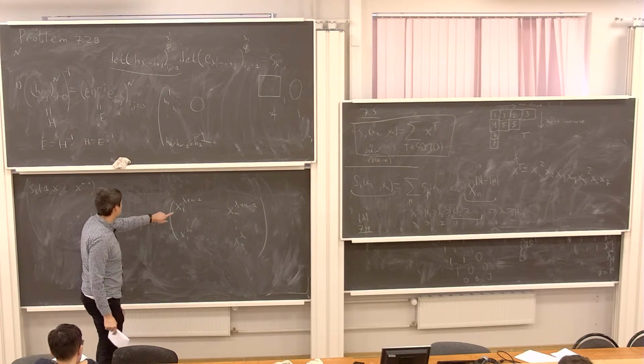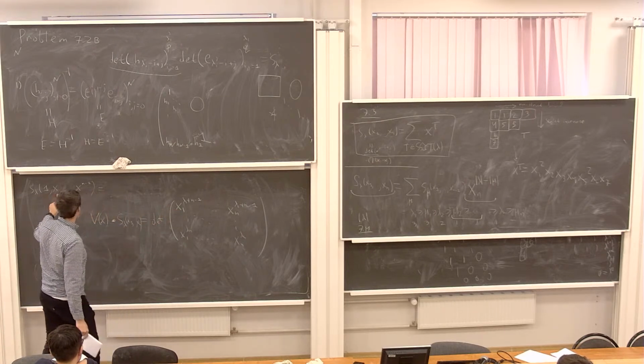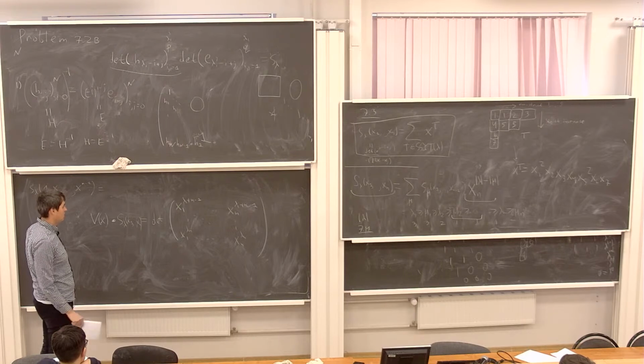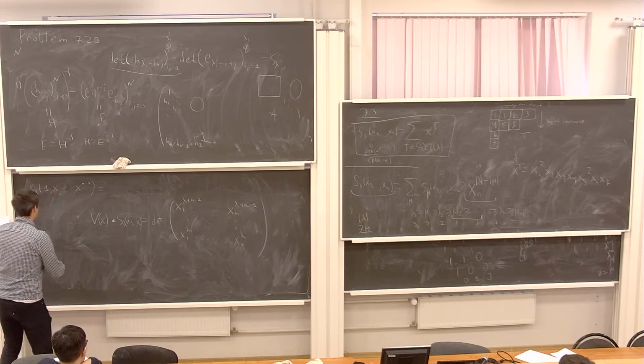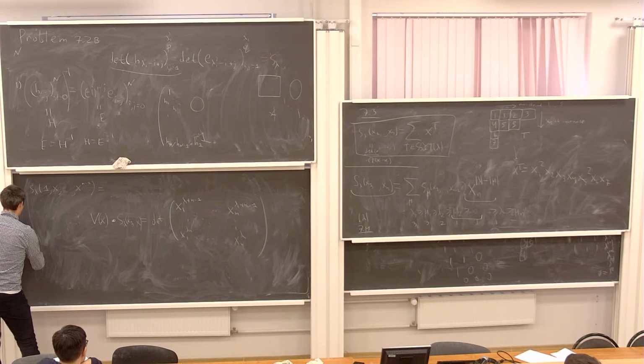What happens if you substitute 1, x, ..., x^(n-1) for x_1, ..., x_n?